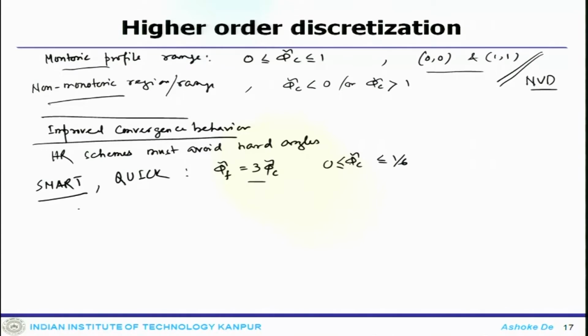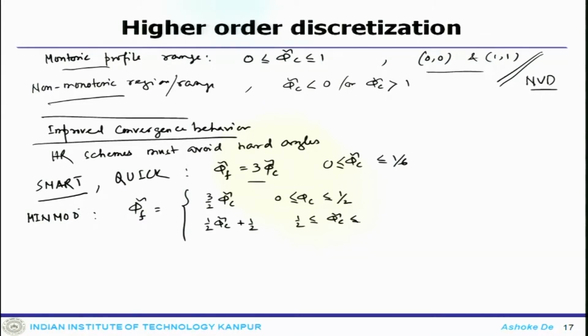For example, if you use the mean mode scheme, phi f equals 3 by 2 phi c when phi c lies between 0 and half. It becomes half phi c tilde plus half if it lies between half and 1, and elsewhere it is phi c tilde.